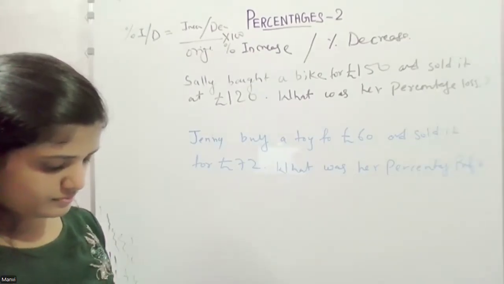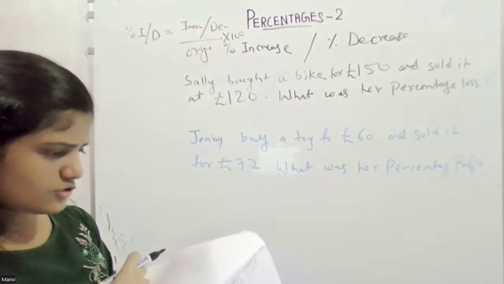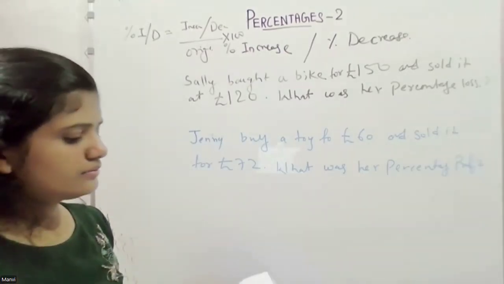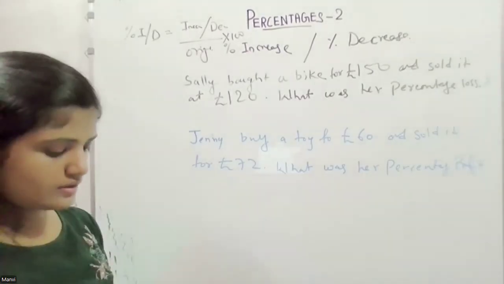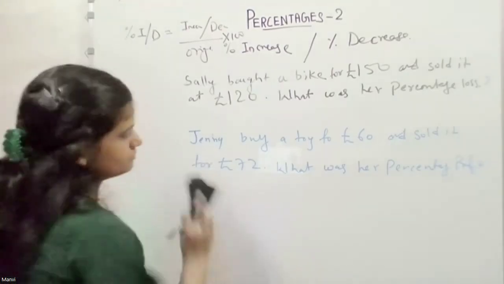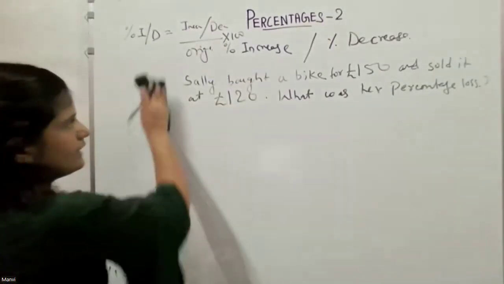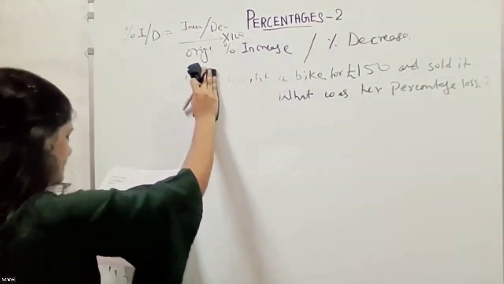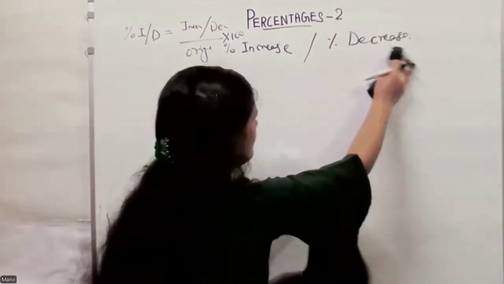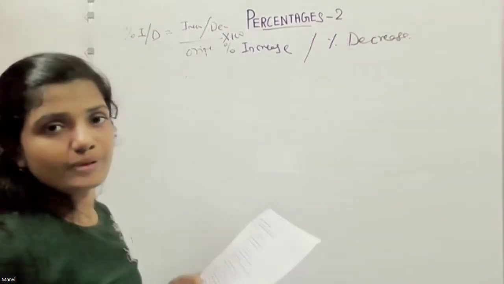Can we do one more sum? Yeah, but this time we are trying another way. If a person sold a car at 180 pounds and is making 20% profit, what was the original cost price of this?